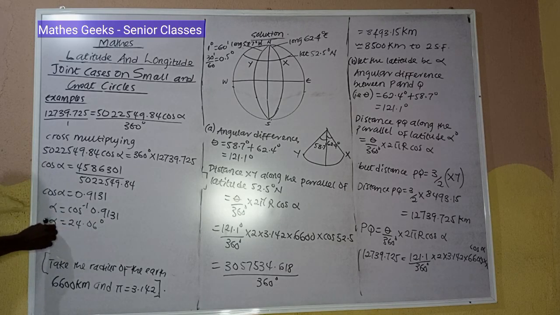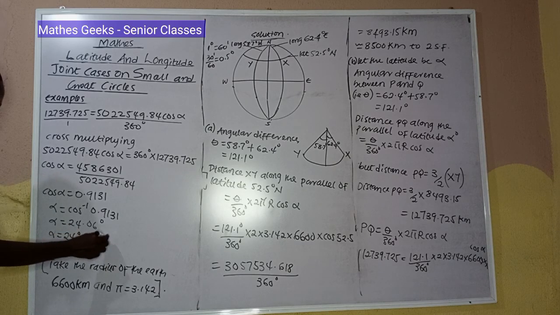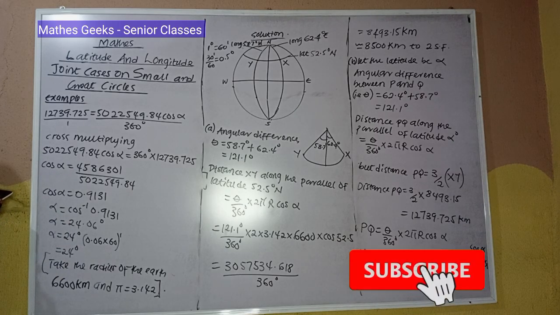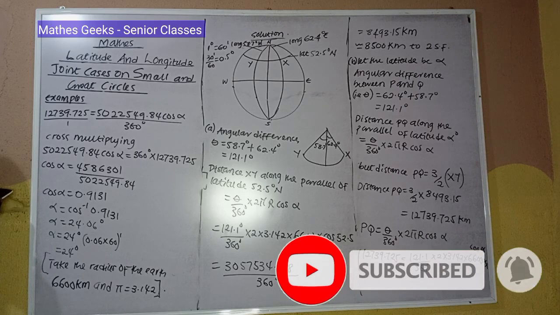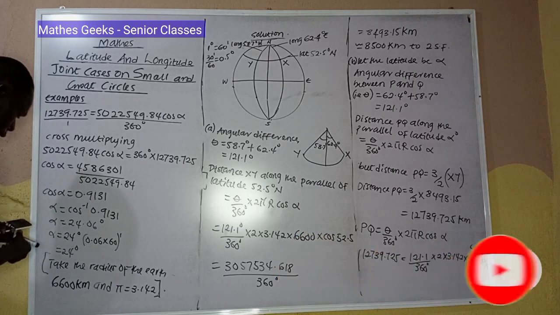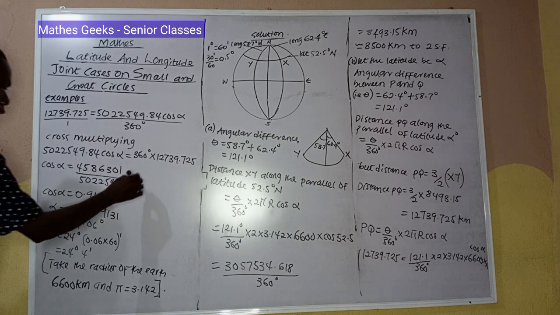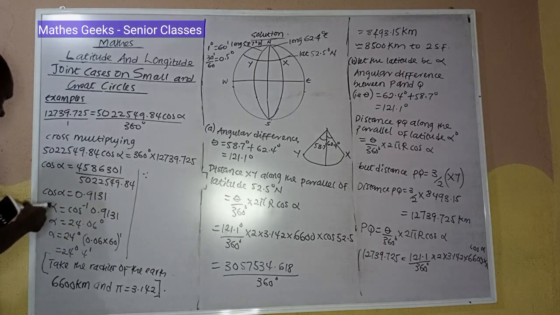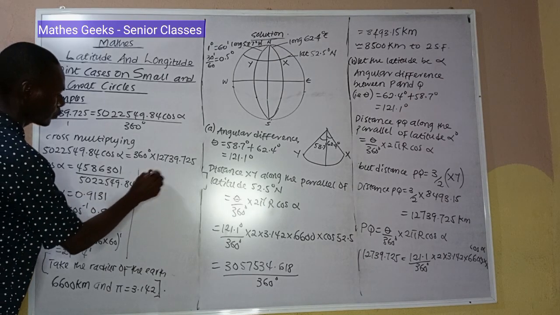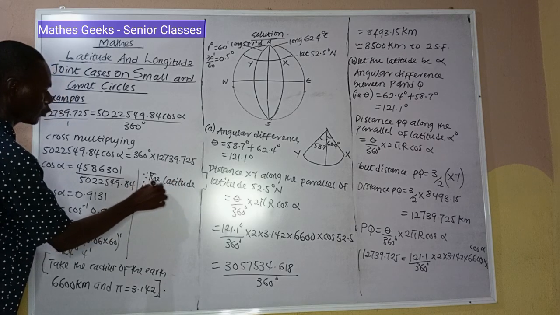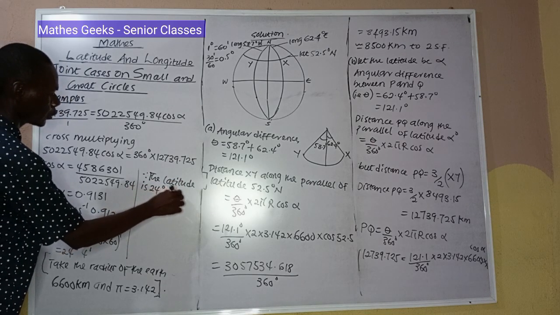So alpha is equal to 24 degrees plus 0.06 times 60 minutes, which is 3.6, approximately 4 minutes. So therefore, the latitude is 24 degrees 4 minutes north.